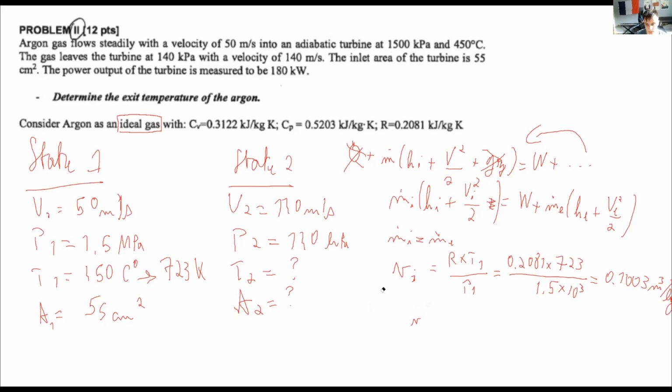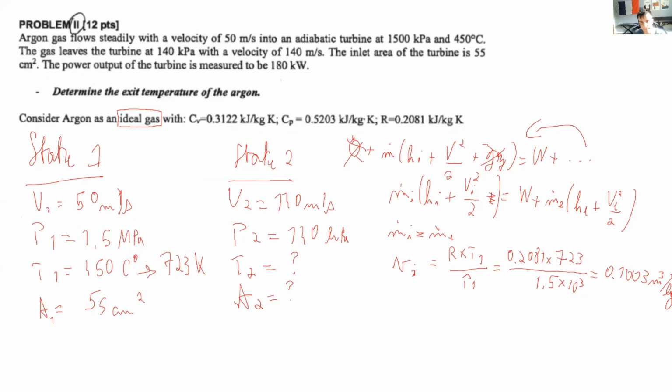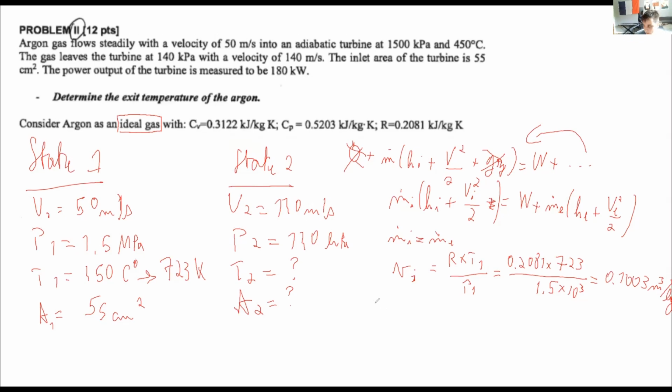We have to find another equation, which you'll study once you go further in other chapters. The mass transfer rate is equal to the area at the inlet times the velocity at the inlet divided by the specific volume.